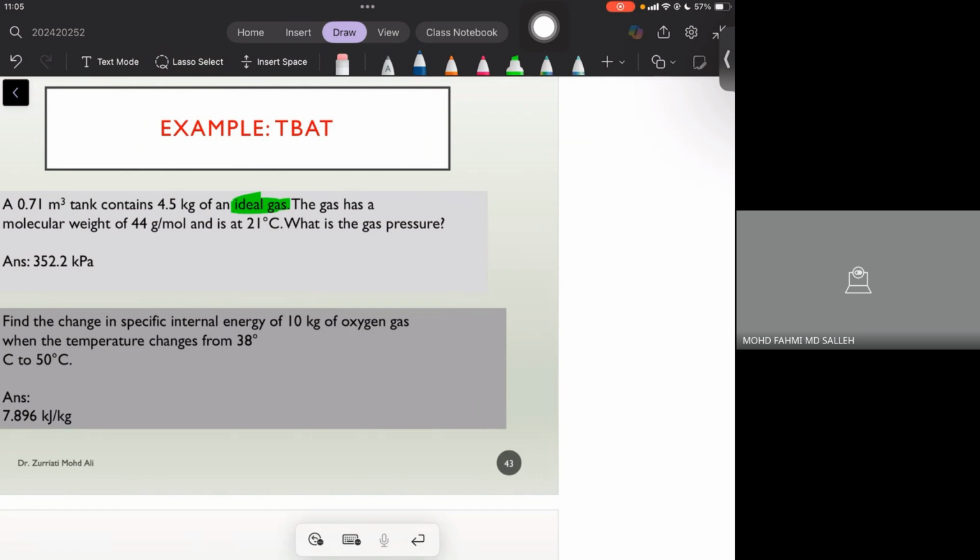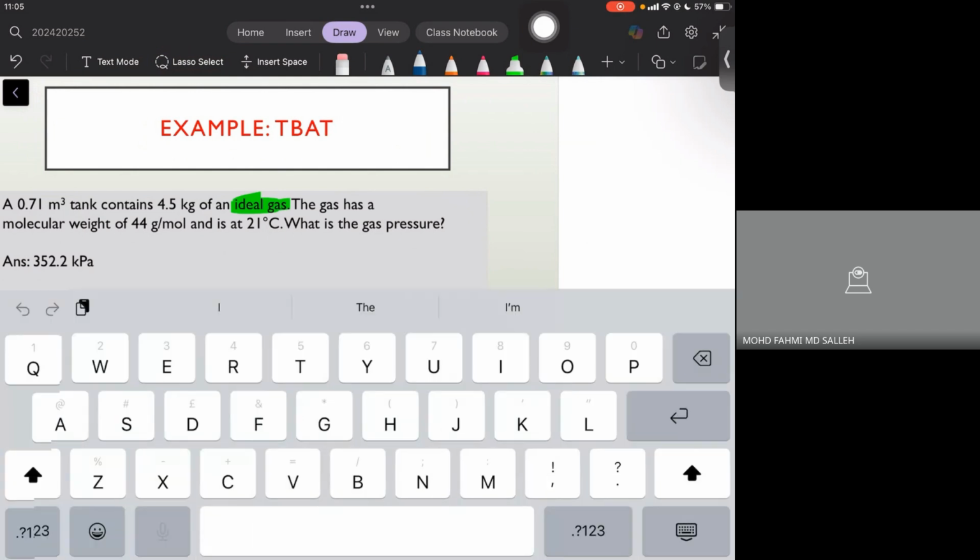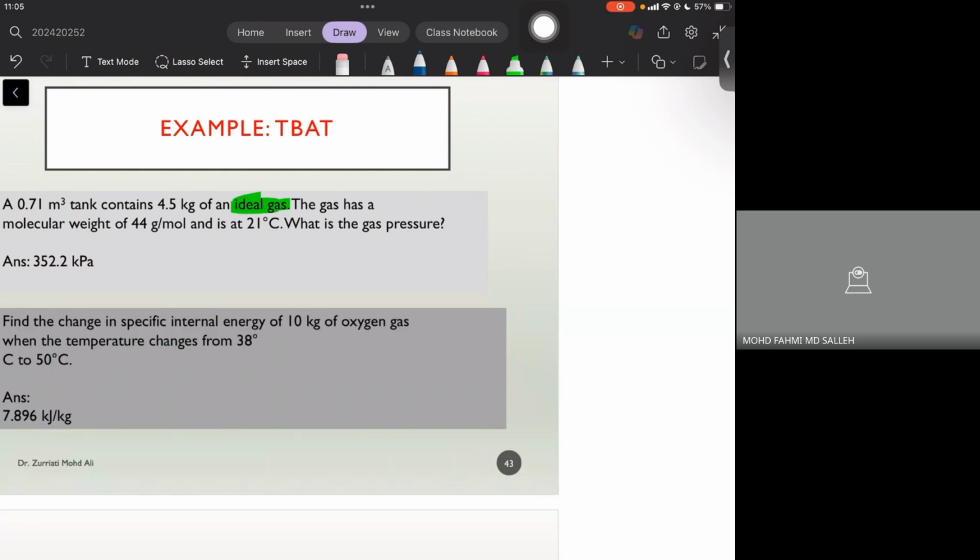So we have a tank that contains 4.5 kilogram, which is the mass. And then they have the volume, equal to 0.71 meter cube. The gas has a molecular weight of 44 gram per mole.